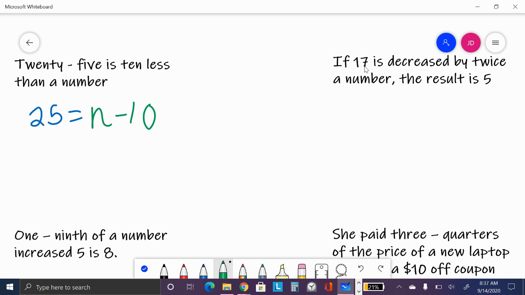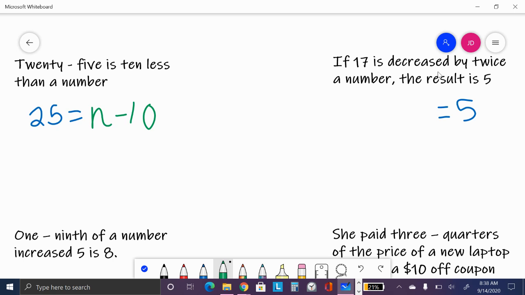Over here, if 17 is decreased by twice a number, the result is 5. So now this one has two is's, but whenever I see the result, that overcomes the other is as the equal sign. Wherever you see the result, that means equals. So I know the result is 5, so equals 5 is going to be at the end. 17 is decreased by twice a number.